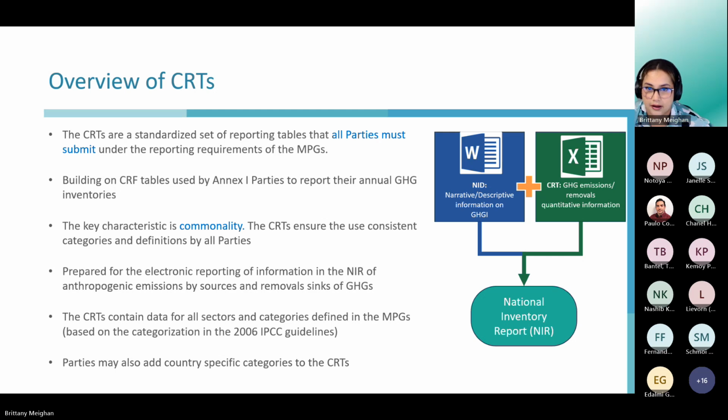So it puts all the data for all sectors and categories defined in the MPGs based on the IPCC 2006 guidelines. And parties also have the option to add country-specific categories to their common reporting tables.